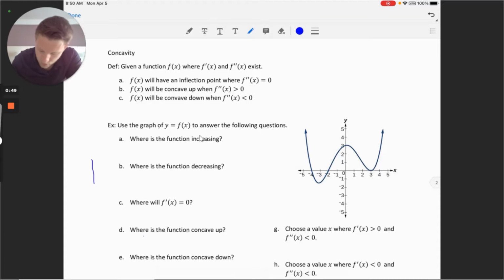So to start, let's take a look at question A. This is going to be where the function is increasing, and we're going to take a look at the graph and identify an interval where it is increasing. So we can see that the graph starts in a decreasing fashion and then reaches some critical point here close to -3 and starts to increase in between those points.